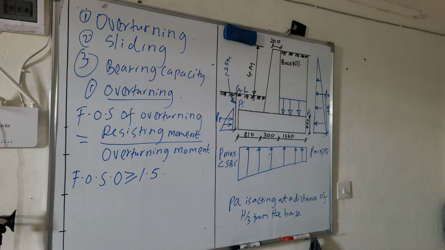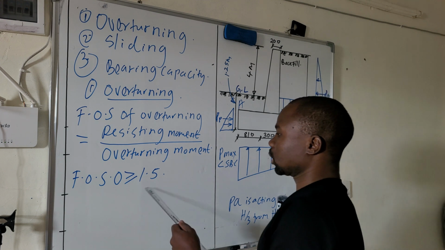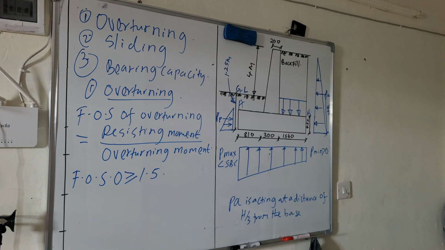If it is less than 1.5, then it means overturning will occur.